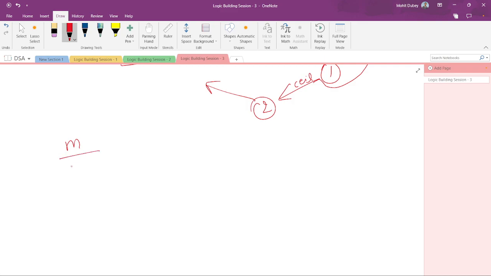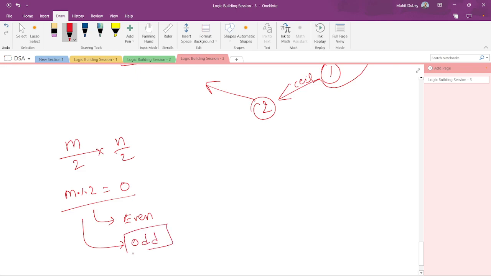So for m by 2 into n by 2, I will check if m modulus 2 equals 0. If this is right, it means the value of m is even, else it is odd, right? If it is even, let's say 4 by 2, we are getting the answer as 2.